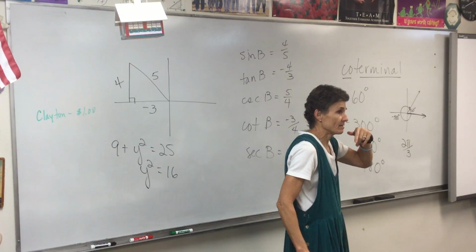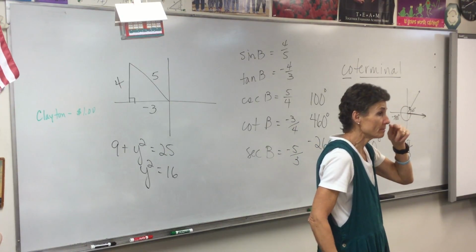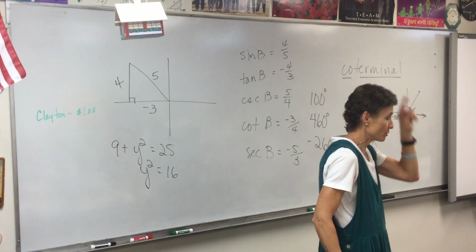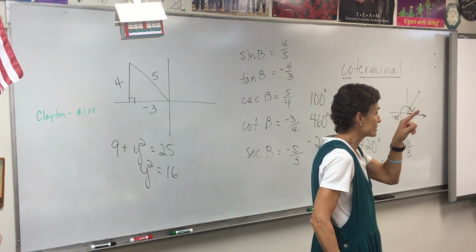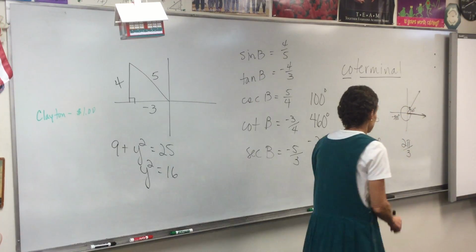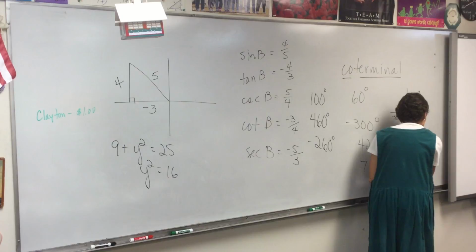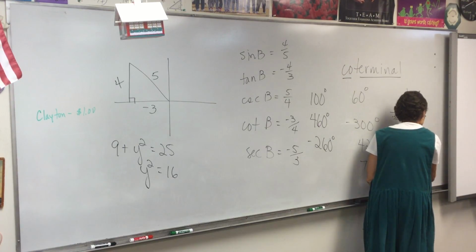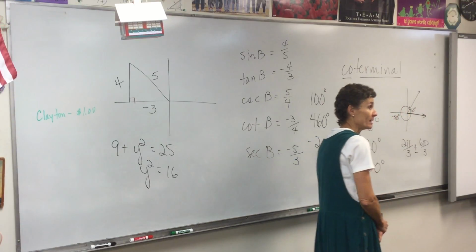What would we add to that? A revolution. What's a revolution in radians? 2 pi. Revolutions are 2 pi's. So we would add or subtract 2 pi, which is 6 pi over 3. I need a common denominator.